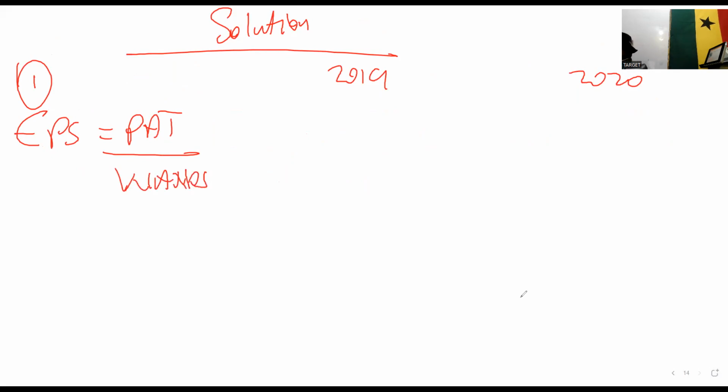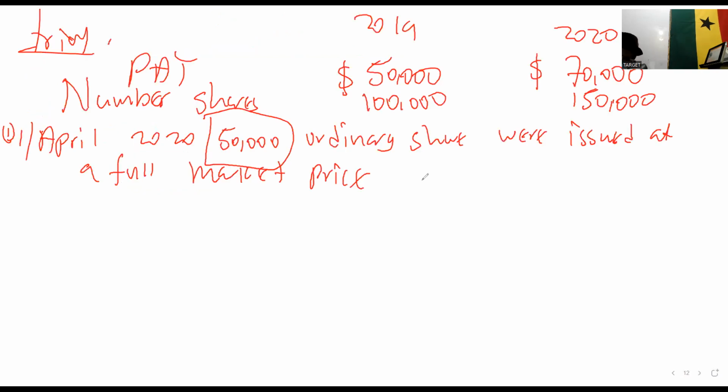In this question, there's no irredeemable preference dividend. So forget about that issue that we said, irredeemable preference dividend matter. It's only when it exists in the question that we give reference to it. If it's not there, we don't do anything. Let's take notice of that.